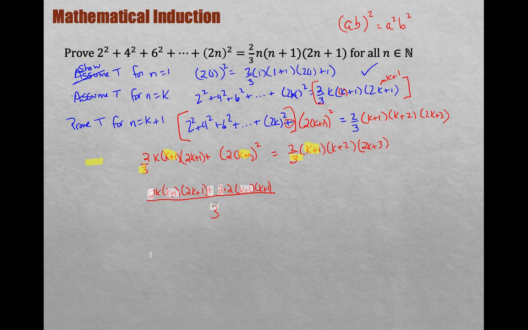And it's all on top of 3, right? Kind of crazy. So see what I'm doing here? I'm going to pull that 2, that k plus 1, all over 3, out.